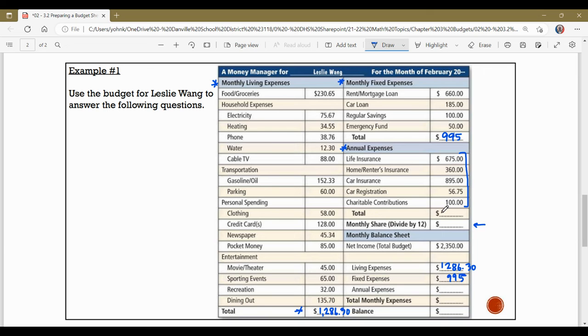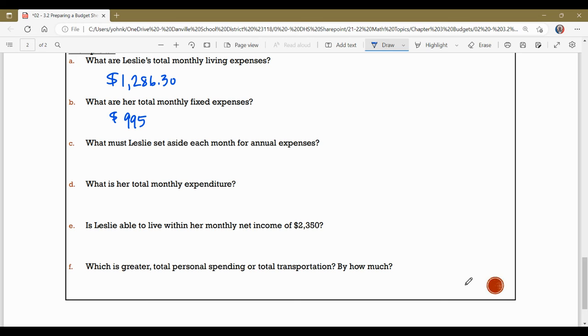I'm going to add all those up and I'm going to get $2,086.75. To figure out what the monthly share of those annual expenses is, I'm going to divide that number by 12, and that's going to give me 173.90, which I'm going to put down here and by the question.